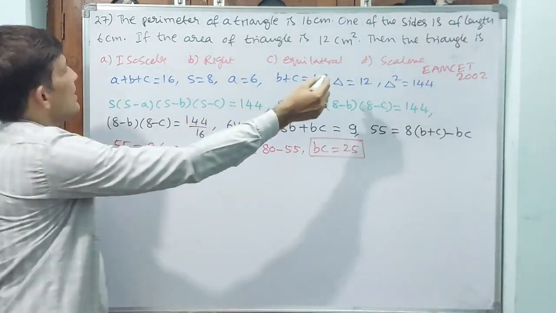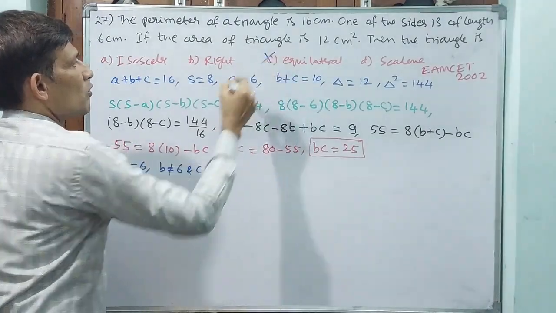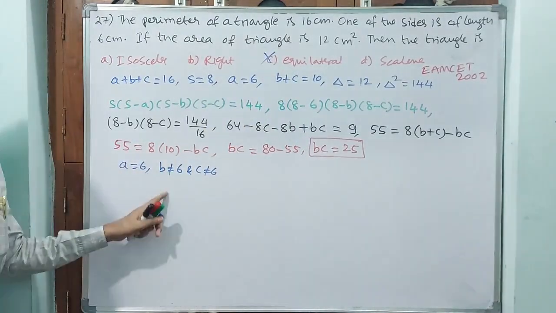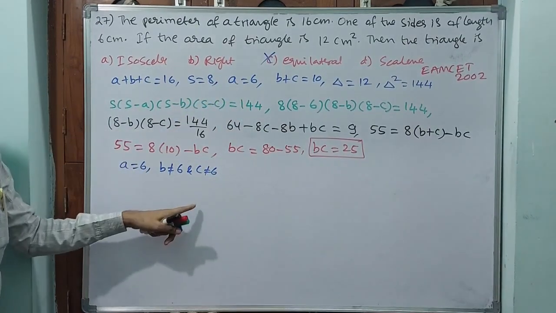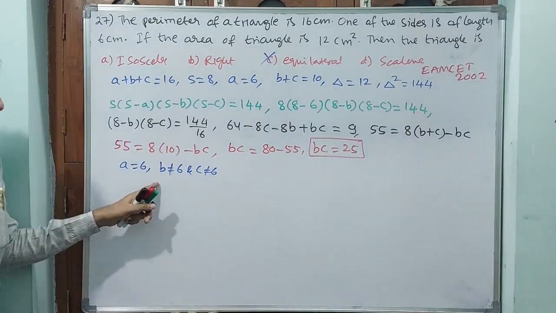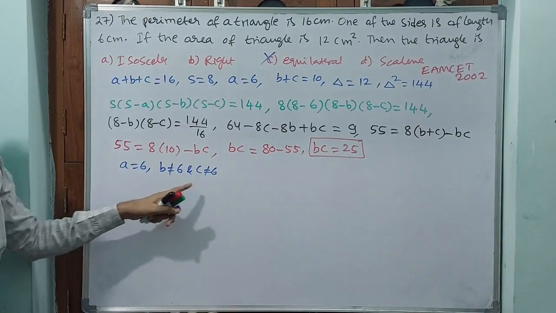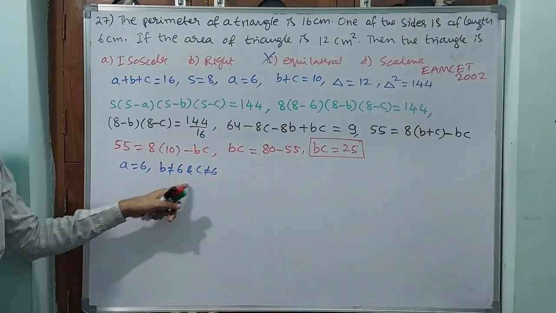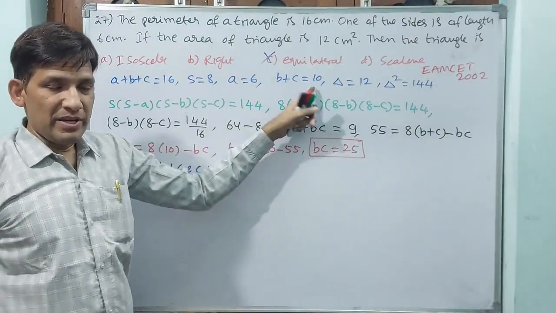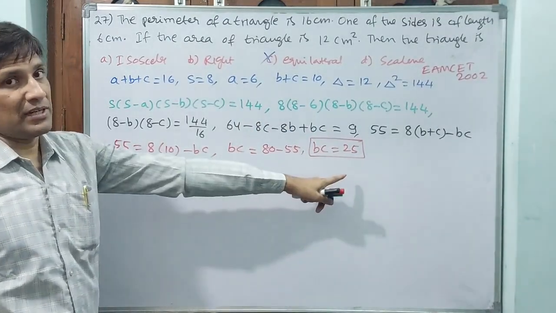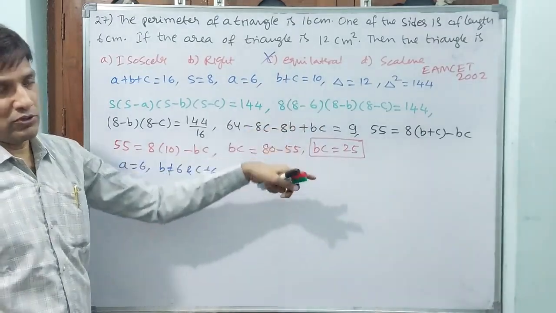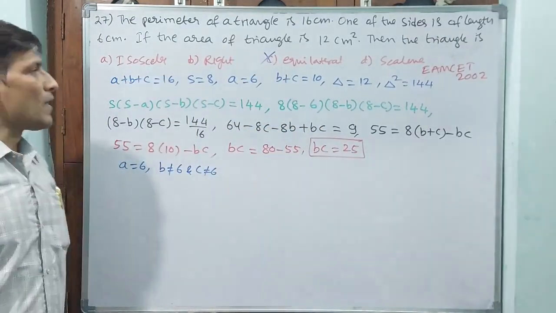That means an equilateral triangle is there. Now this option is closed, because equilateral means a equal to b equal to c. If a is 6, then b also 6, c also 6. But here there is no possibility of b and c coming 6, because b plus c is 10, and also b into c, 6 into 6, 36 should come, but it has not come. That is why this option is closed.